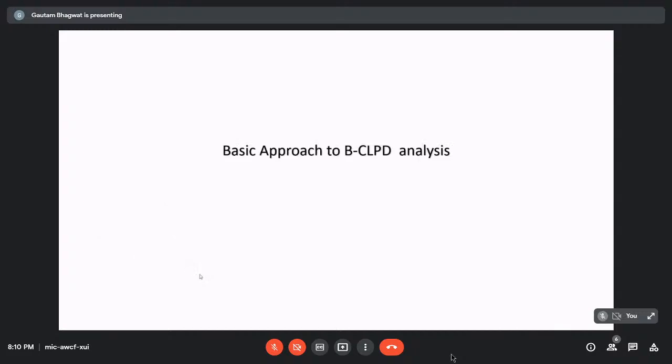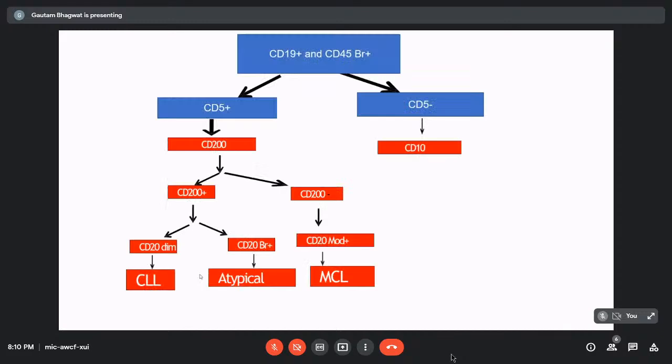How do you approach a BCLPD? So first, what we do is CD19 and CD45. Now, a CD45 gating in acute leukemia was towards the dim and negative side, but here CD45 would be equally expressed as a lymphocyte because these tumors arise from mature lymphocytes.